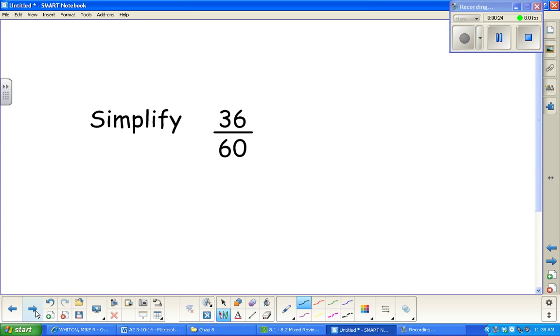First off, just think about when you have a basic fraction like this, no variables, something you've done since elementary school. What we're really doing here, if we're looking to simplify or reduce, is looking to see what can you divide out of each piece. You can think of 36 as 6 times 6, and I know that 60 is 6 times 10.